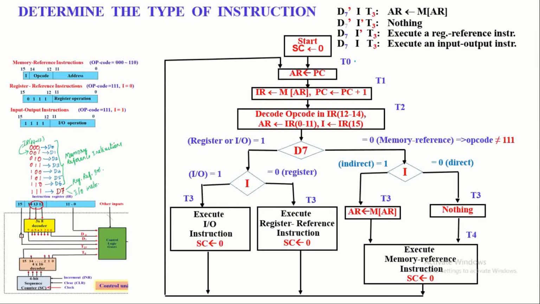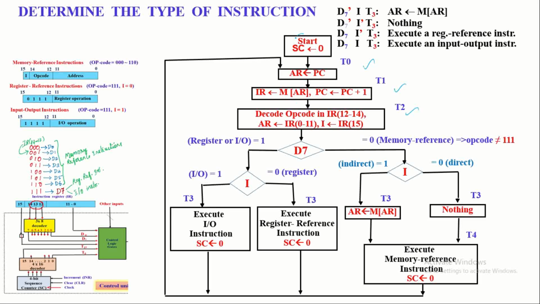Let us now discuss how to determine the type of the instruction in order to carry out the micro operations after the decode phase of an instruction cycle. Here in this flowchart, the micro operations which are performed during the fetch and decode phase of an instruction cycle, that is during the timing signals T0, T1, T2, T3, we just discussed, right? So all those micro operations are specified here.